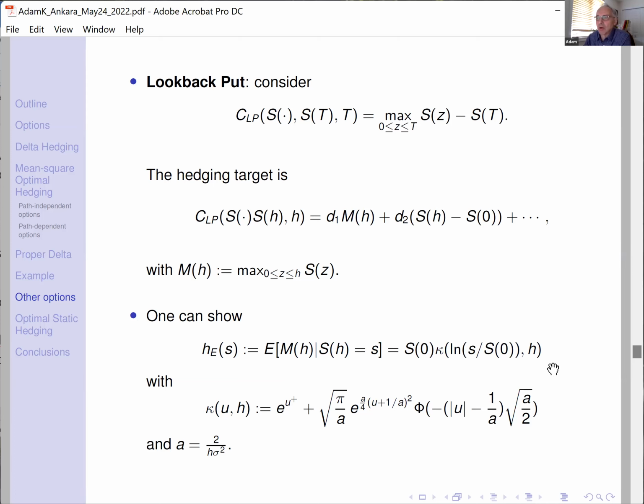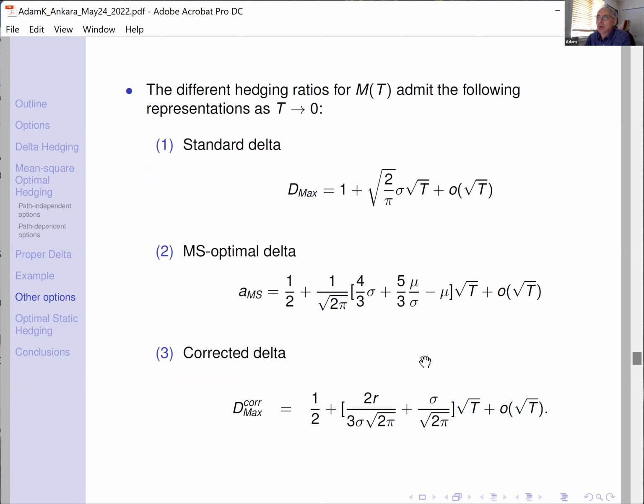Actually, in the context of the Black-Scholes model, it also can be found, which means we can compare the standard delta with the mean square optimal delta and the corrected delta. And similarly to the Asian option, we can see that the main term for the standard delta is not the same as the main term for the mean square optimal, and the corrected is twice as large. So this confounding effect is valid for any contract.